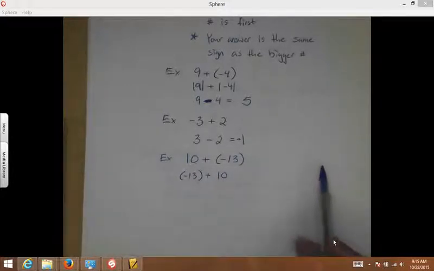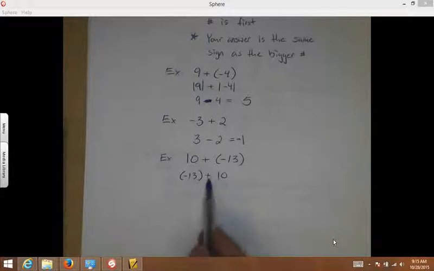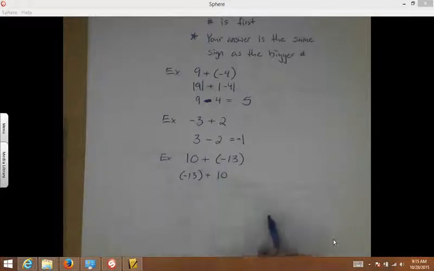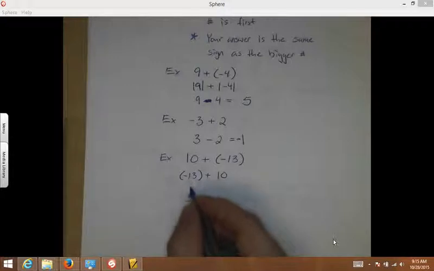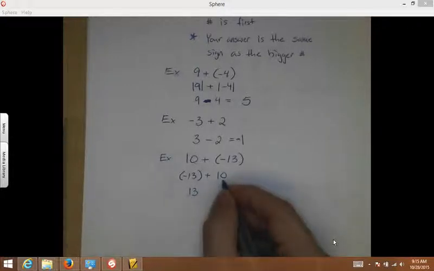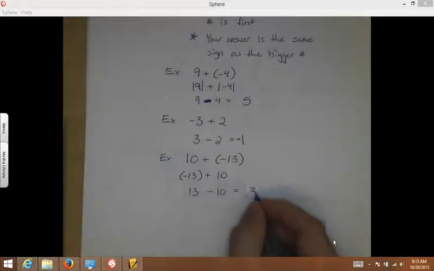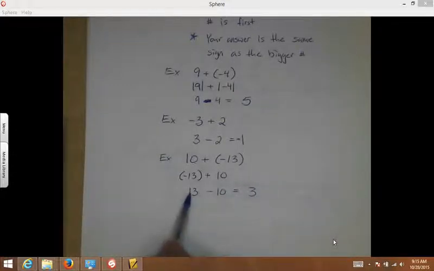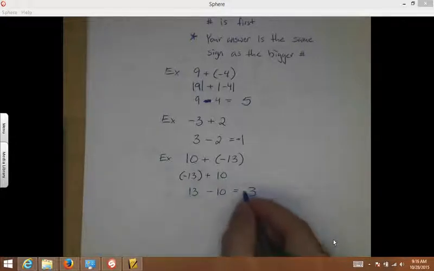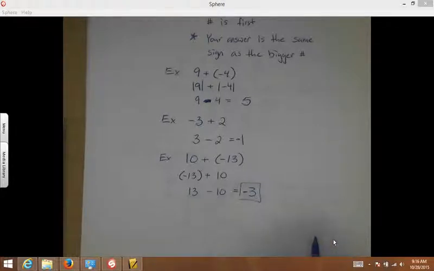So for example, if I gave you 1 plus 2, you could also do 2 plus 1. Either way, you get the answer 3. So with this, see how I just rewrote this? Now, absolute value of negative 13 is 13. Absolute value of 10 is 10. 13 minus 10 is 3. And the sign of the bigger number was negative, so this is going to be negative 3. And that is how to add when you have different signs, and that is adding integers.